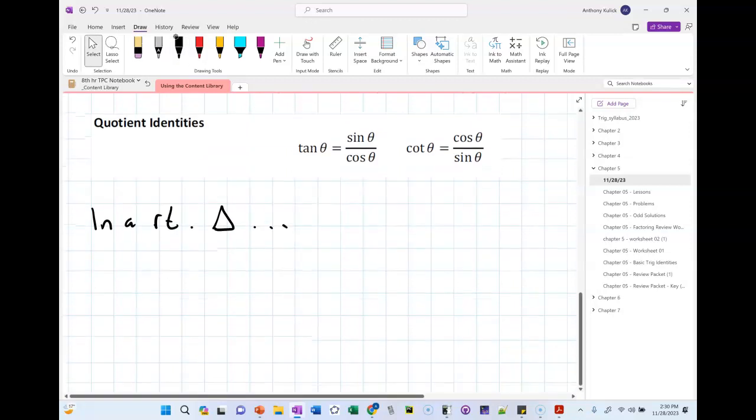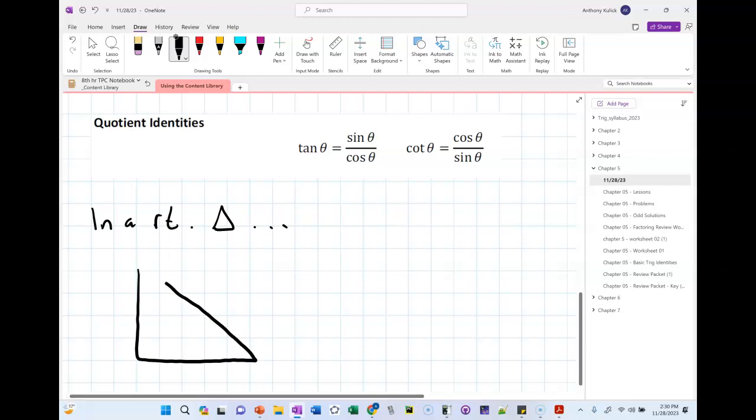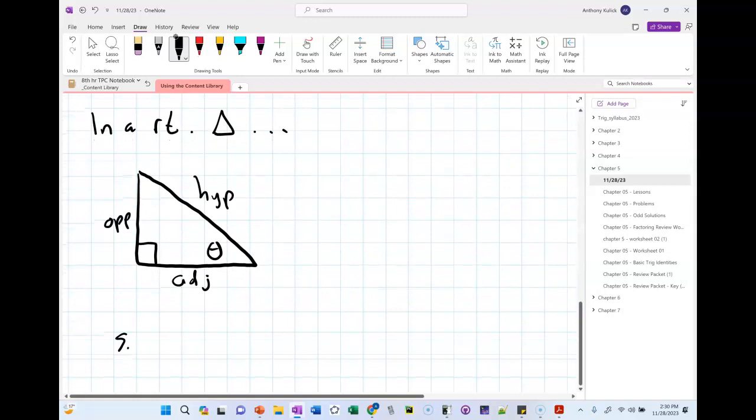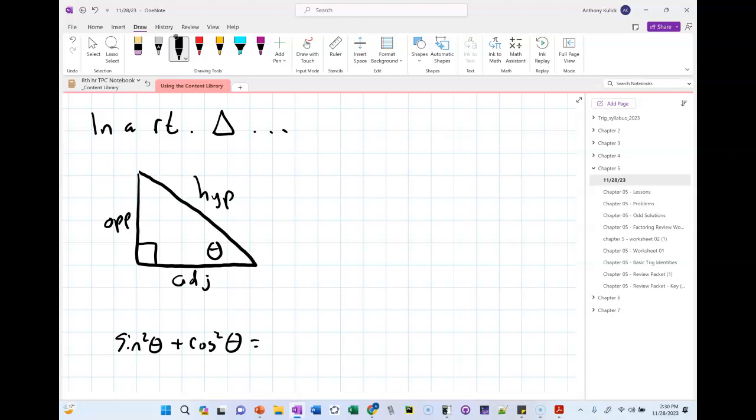So let's say now, to figure out our next kind of identity, let's say we're living in some right triangle. And I'm just going to name the sides of this right triangle opposite, adjacent, and hypotenuse. And I'm curious to see what sine squared theta plus cosine squared theta is equal to.